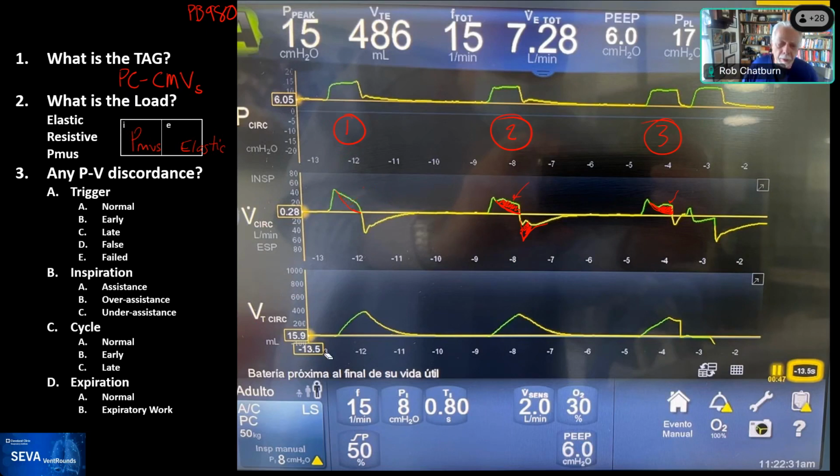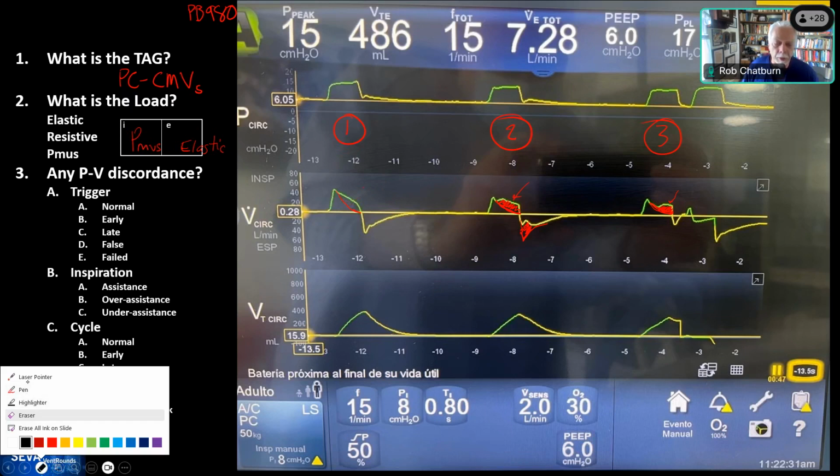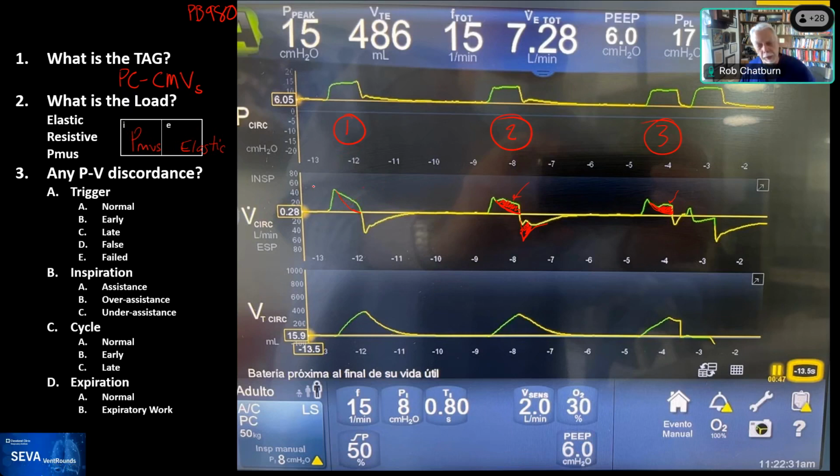And that red area there is proportional to the extra work that the patient is doing. Or another way to think about it is the relationship between the red area and the black area is the proportional work done by the patient versus the proportional work done by the ventilator. You could think of it as sort of a visual work shifting index.